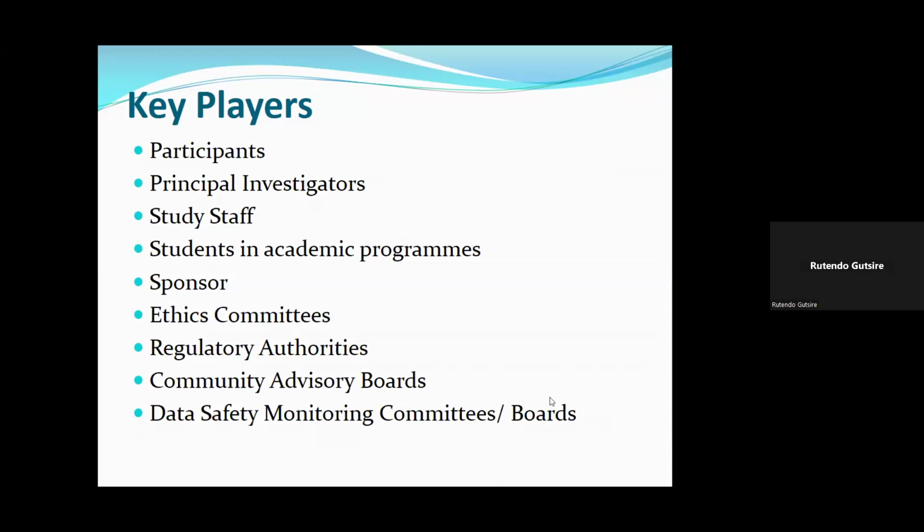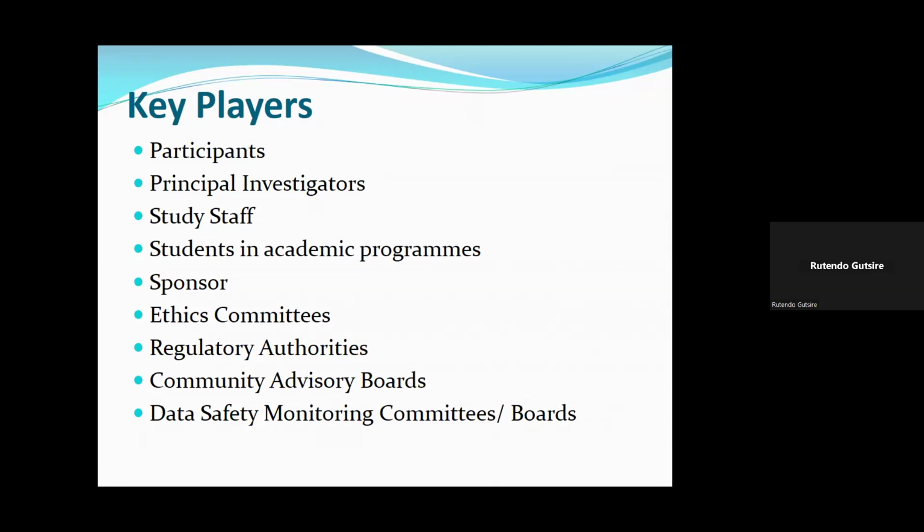Then we have what you call principal investigators. That's the person who leads the team that will be writing the proposal. Then students in an academic setting, like in your case, the 800 of you who are supposed to be taking part in this research innovation skills module, when developing proposals, you'll be players in research.